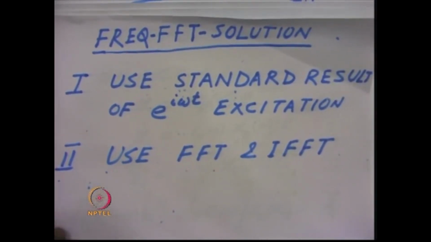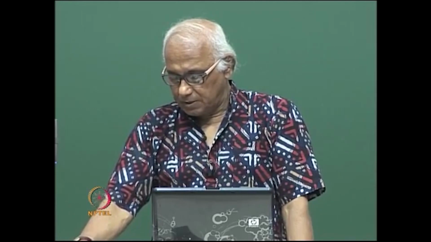Here we use two important components of it. First one is the use of the standard result of e to the power i omega t excitation for a single degree of freedom system, and in the second stage we use FFT and IFFT to get the response of the structure in the form of a time history.